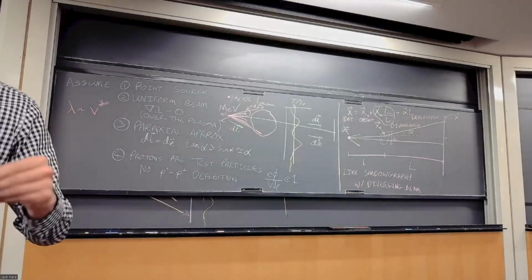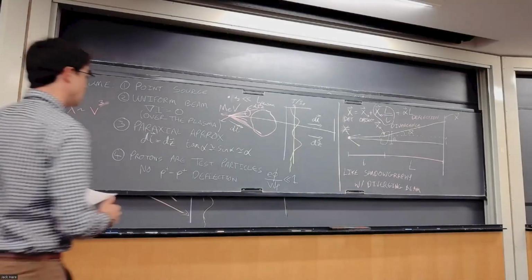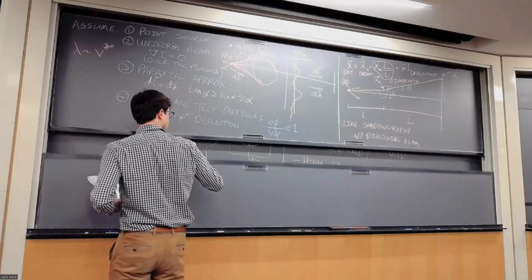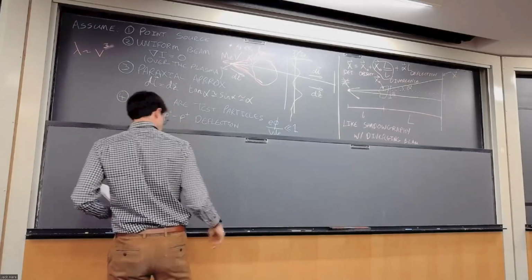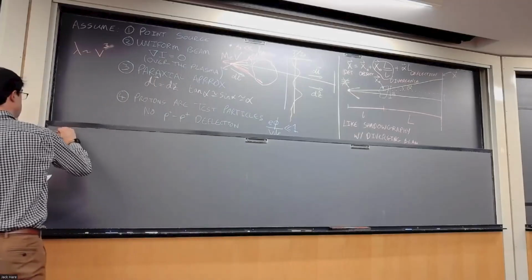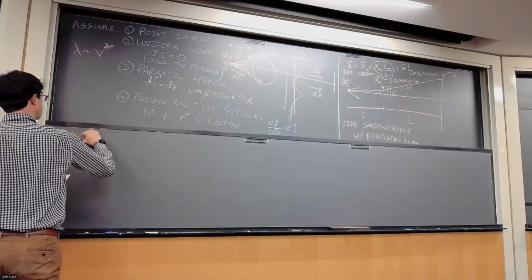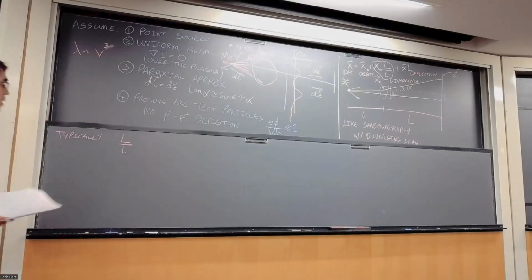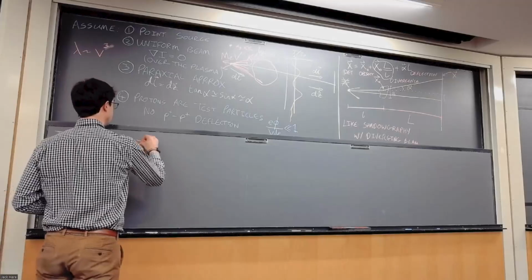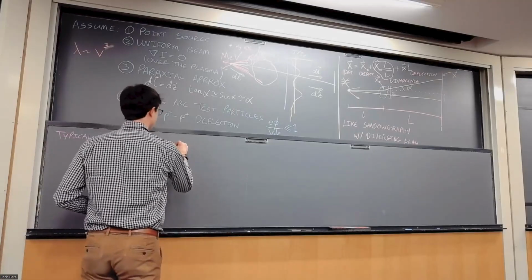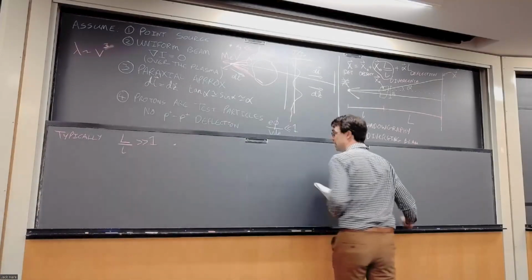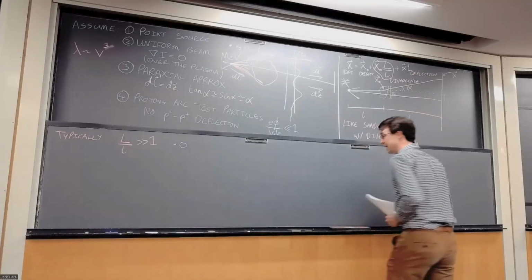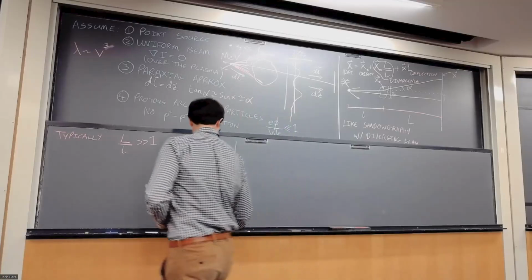So, typically, we set up our system so uppercase L upon lowercase l is much, much larger than 1. That is to say we have our source, we have our plasma, and then quite a long distance away, we have our detector here.